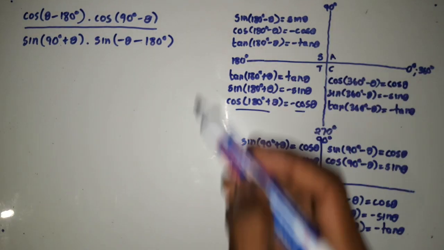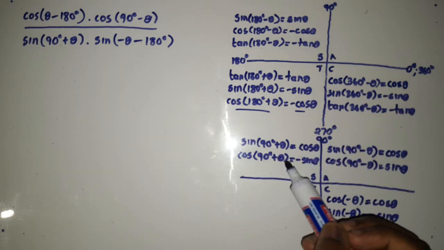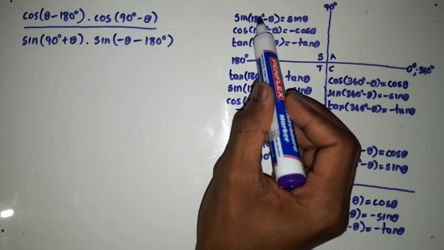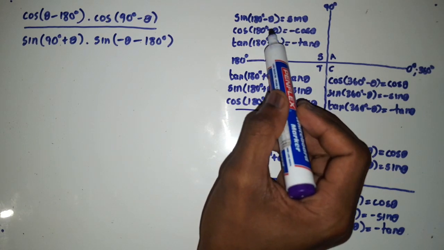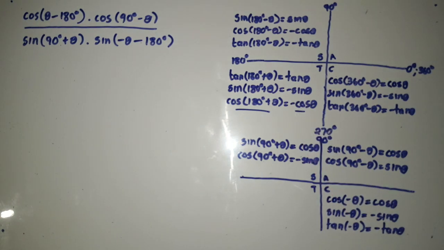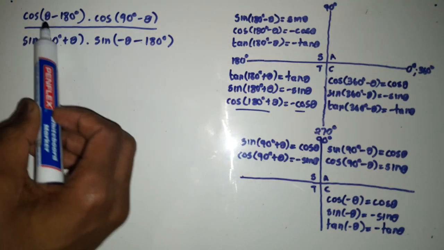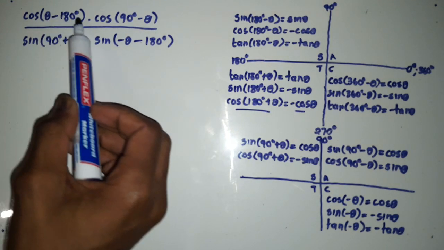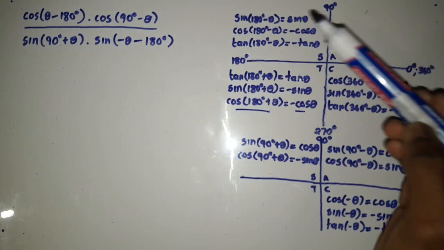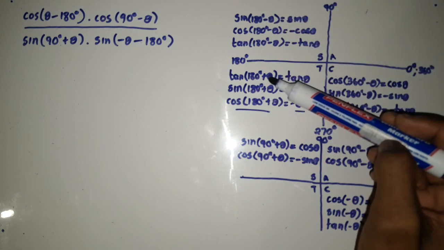Bear in mind, on these ones, we don't have theta minus 180. We only have 180 minus or 180 plus. You see? In a way, we have to figure out this one in such a way that it gives us either 180 minus or 180 plus.